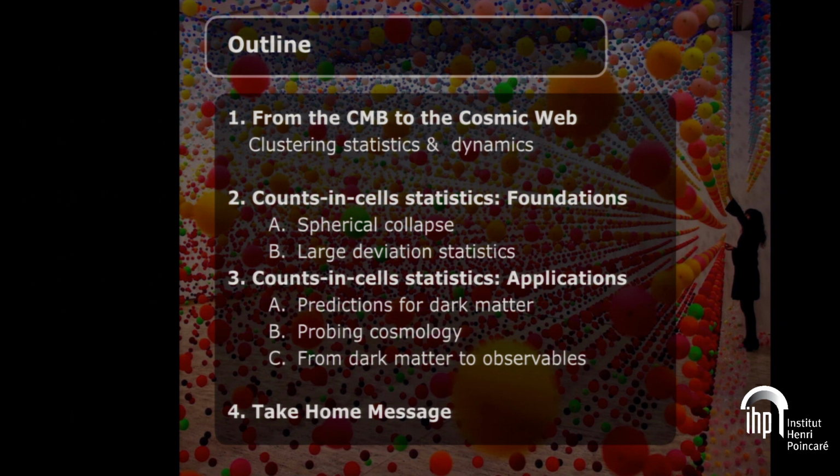And then I will introduce again the foundations of the large deviation theory and spherical collapse, and then I'm going to use it to show you predictions. And I will make the attempt to go from the theorist's dark matter description, tell you that you can probe cosmology, and in the end also convince you that you can actually apply this to real observables, namely biased tracers like galaxies. So let's see.